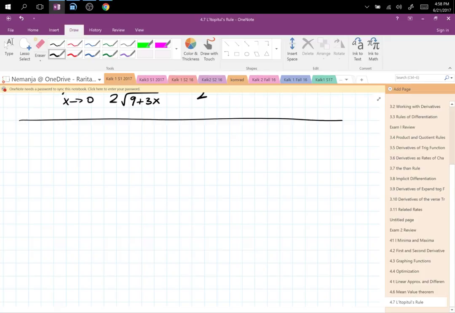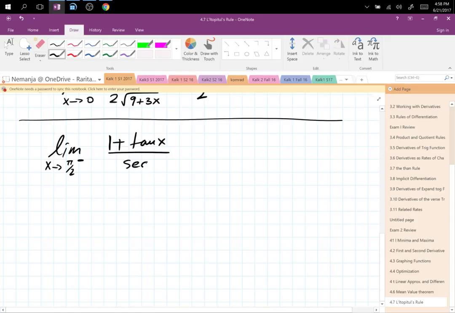Oh yes, infinity over infinity. So some of the limits will give you infinity over infinity, and here's a trick question because you all love it. Limit as x approaches pi over 2 from the left, and we have 1 plus tangent x divided by secant x.